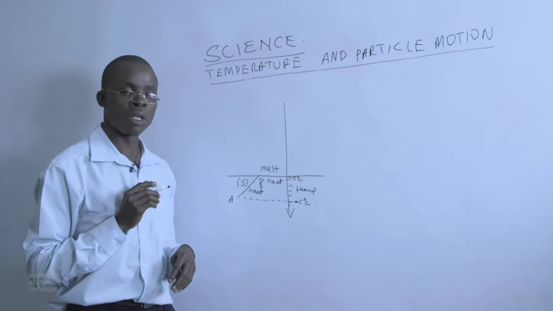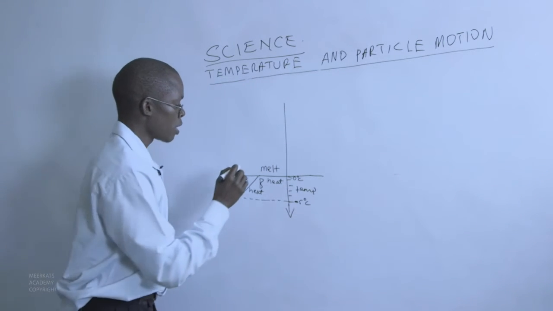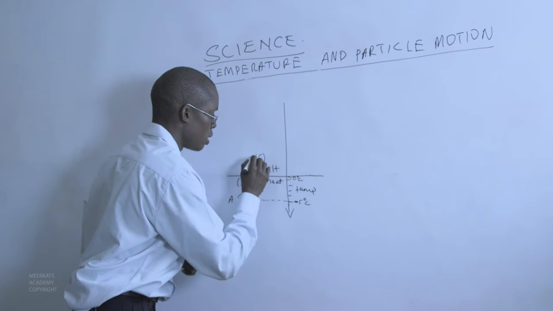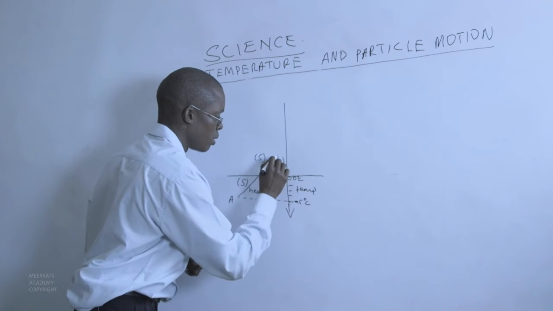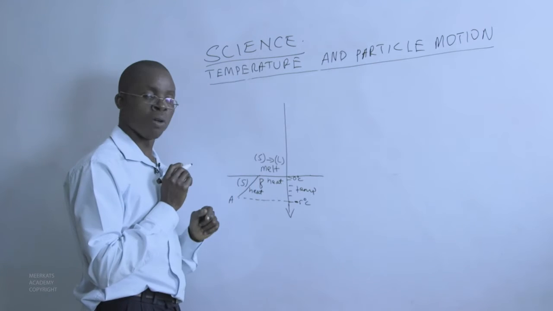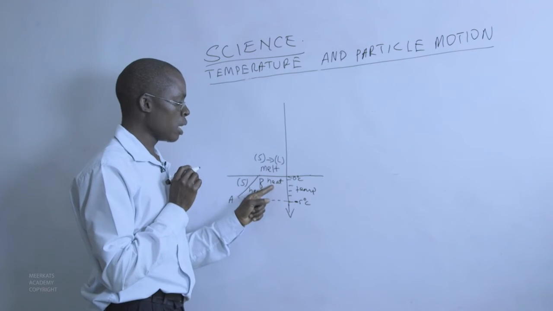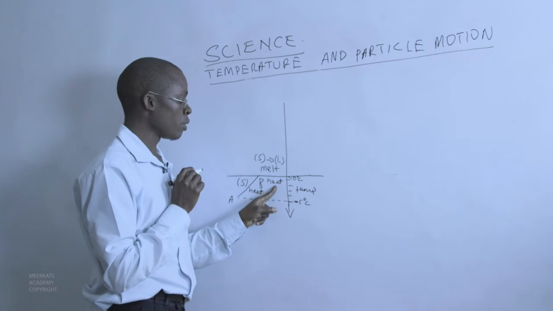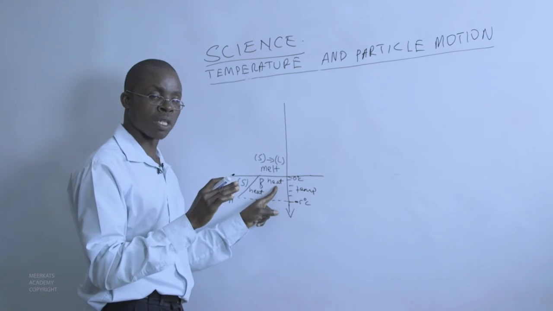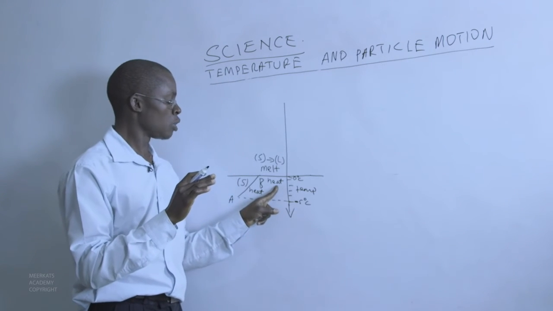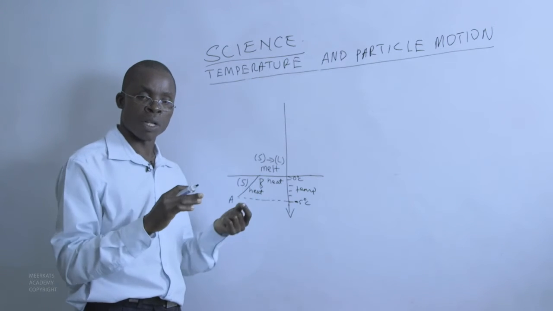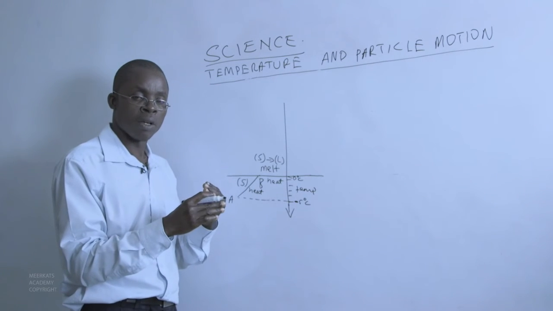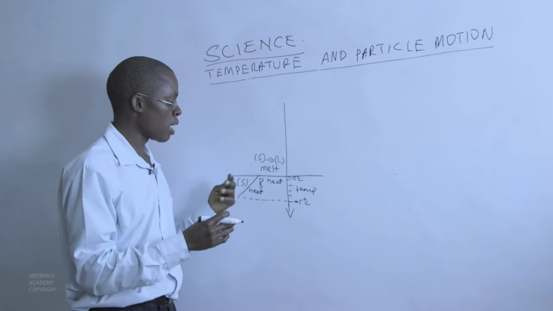So the solid melts. We are now turning a solid to a liquid. The heat energy is being used to break the forces that hold the particles in solid into being free so that they can roll over each other to form a liquid.